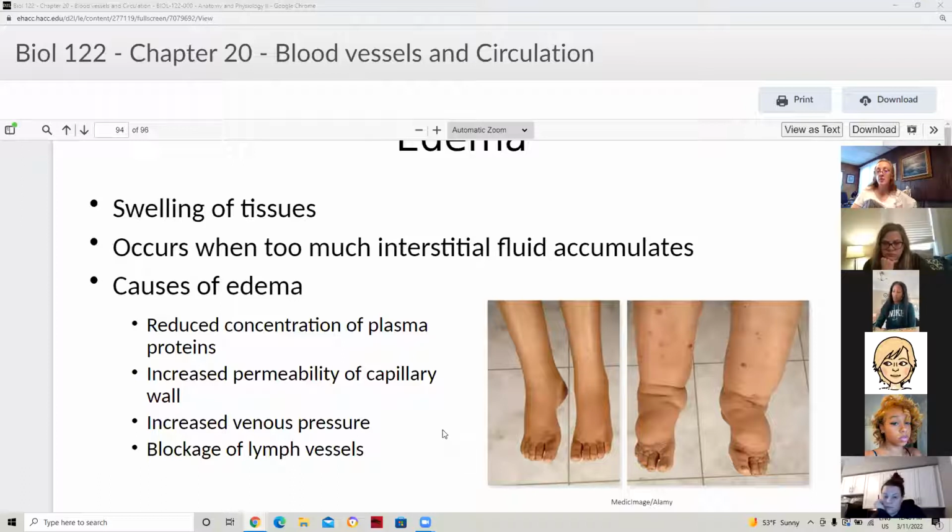Reduced plasma proteins leads to increased permeability, meaning you're losing a lot of fluid from the vessels out into the tissues. And you also don't have as many proteins in the plasma to start out with, so you have less ability to pull that fluid back into the vessels and get it reabsorbed.